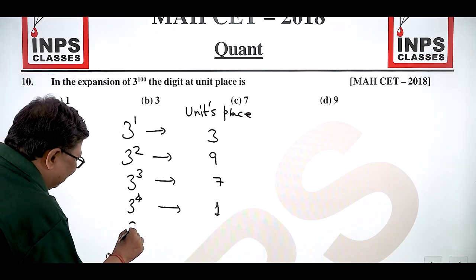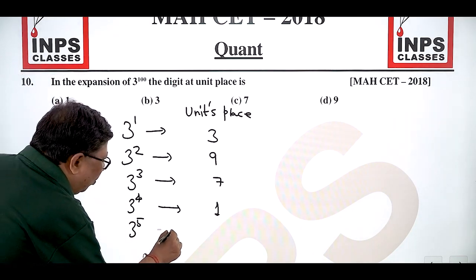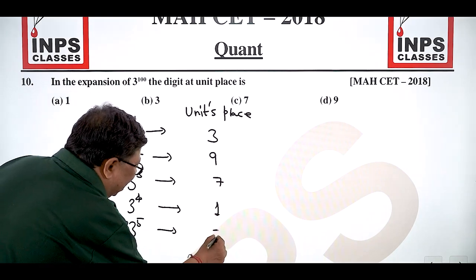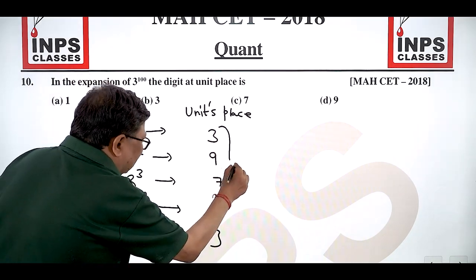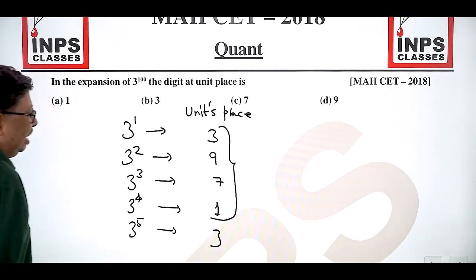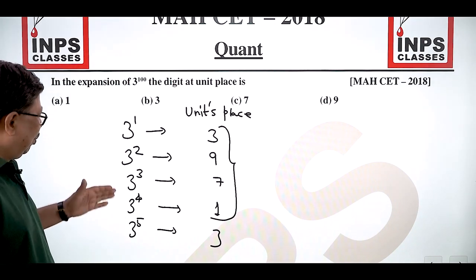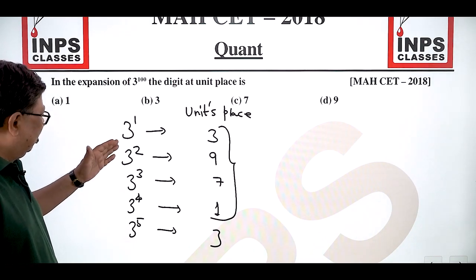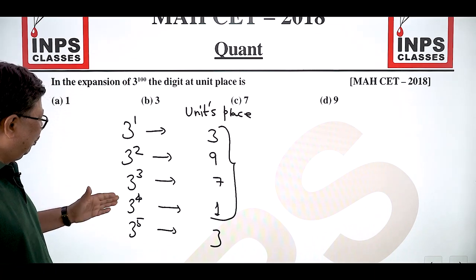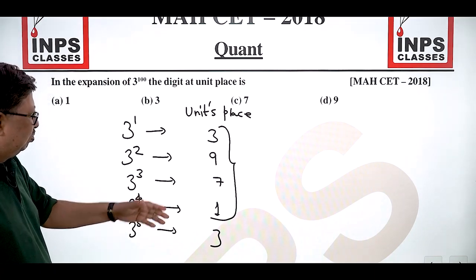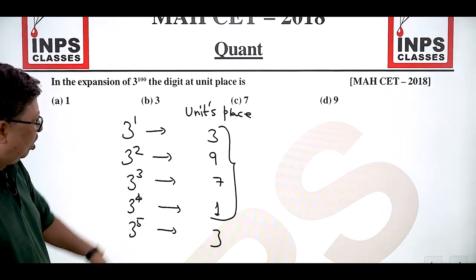3 raised to 5, 1 into 3, it will be 3 again. So, in fact, every fourth time, this pattern is getting repeated. Okay.